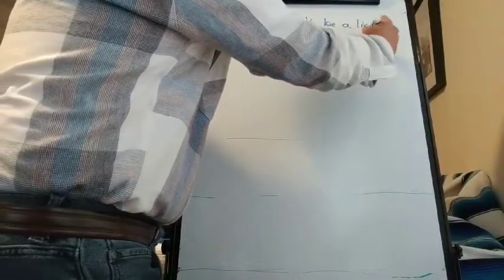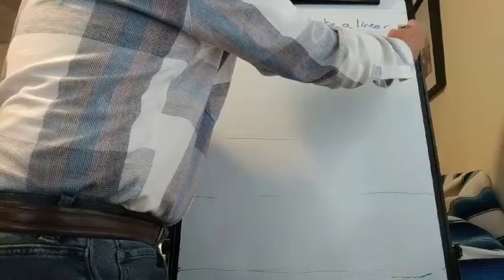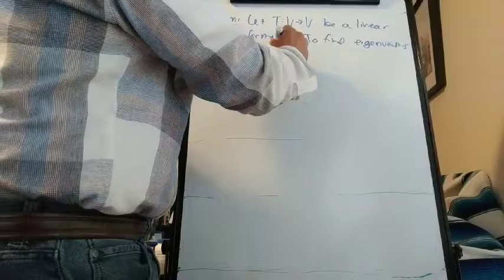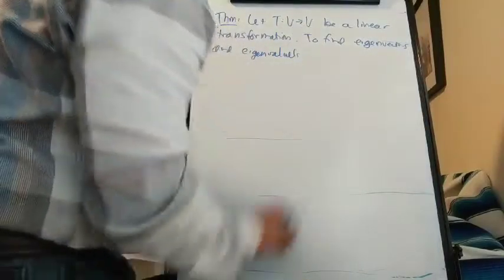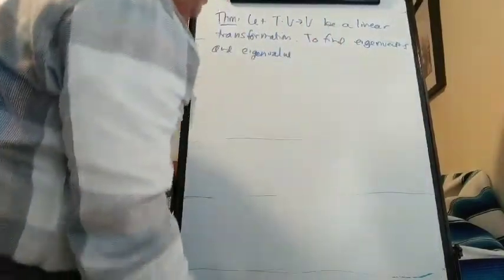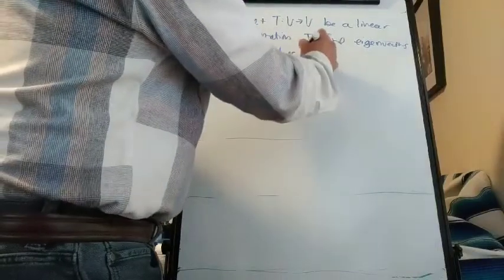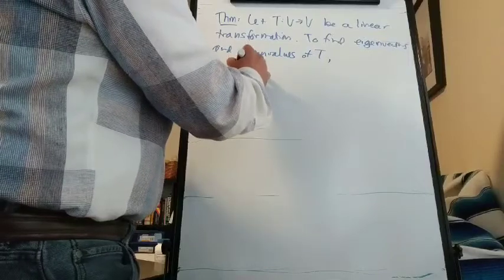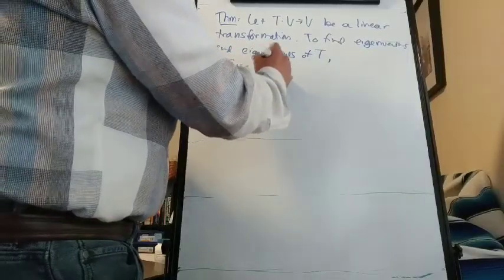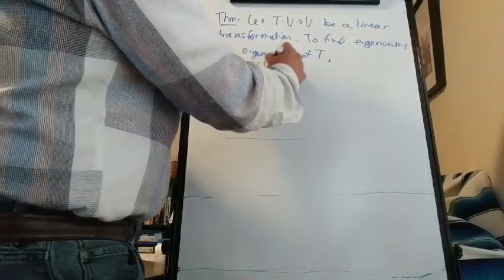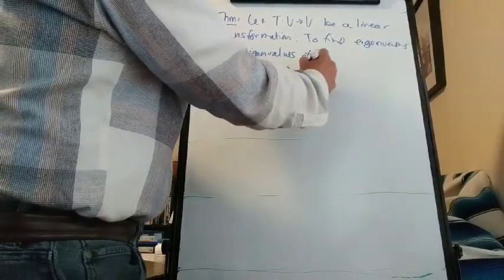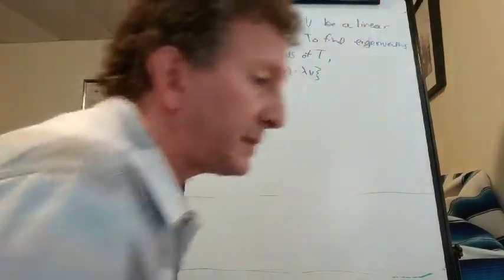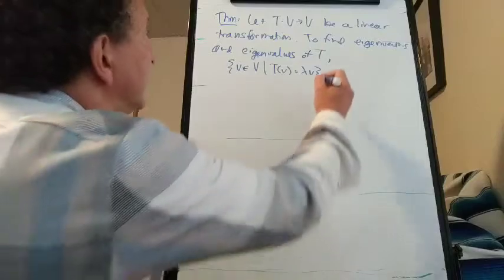To find the eigenvectors and eigenvalues of T, so that is elements of the vector space such that T of v equals a multiple of itself, we do the following.